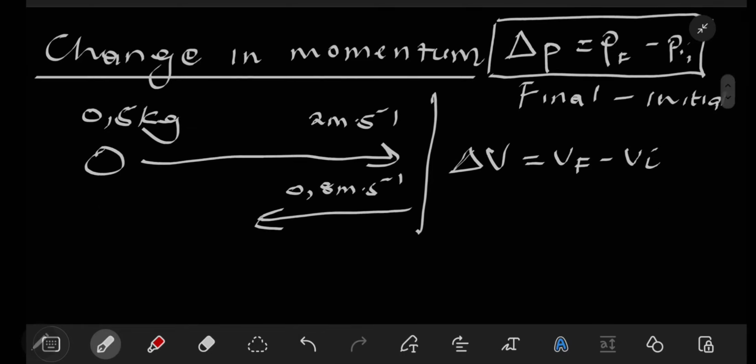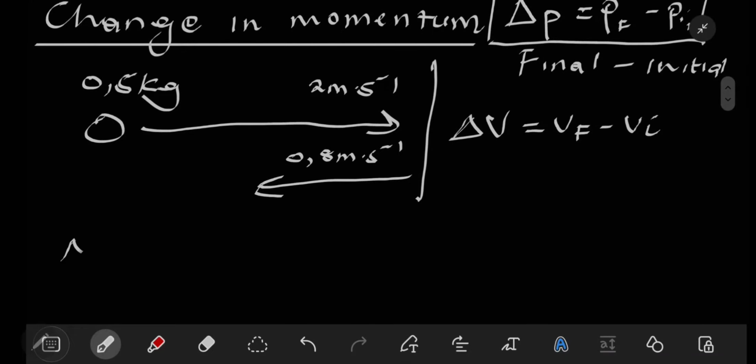So when we talk of change in momentum, we say this is p final minus p initial. Remember, momentum is mv, mass multiplied by velocity. The mass will be the same because it's the same ball that is kicked and bounced off the wall. The mass is the same, but we have the final velocity and the initial velocity.